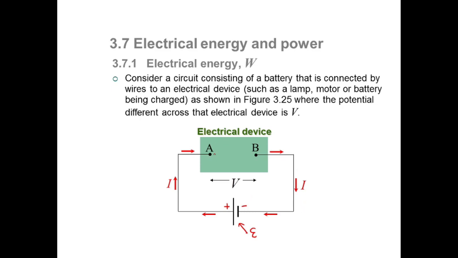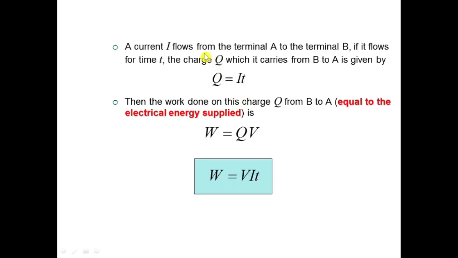In this electrical device, we have two points, A and B. Referring to this figure, electrical energy is the energy to carry charge Q from B to A.